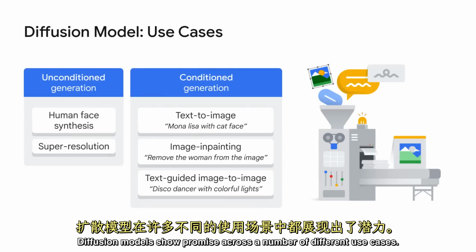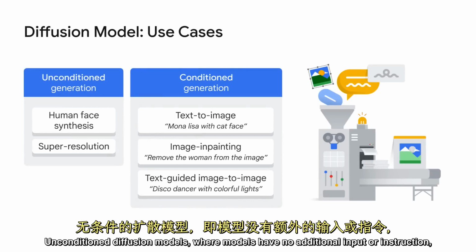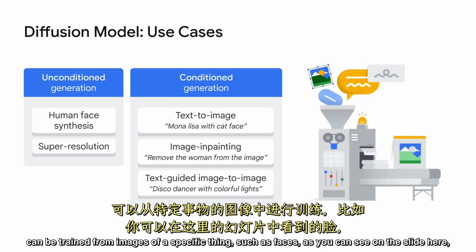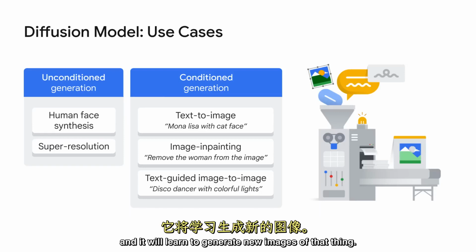Diffusion models show promise across a number of different use cases. Unconditioned diffusion models, where models have no additional input or instruction, can be trained from images of a specific thing, such as faces, as you can see on the slide here, and it will learn to generate new images of that thing.